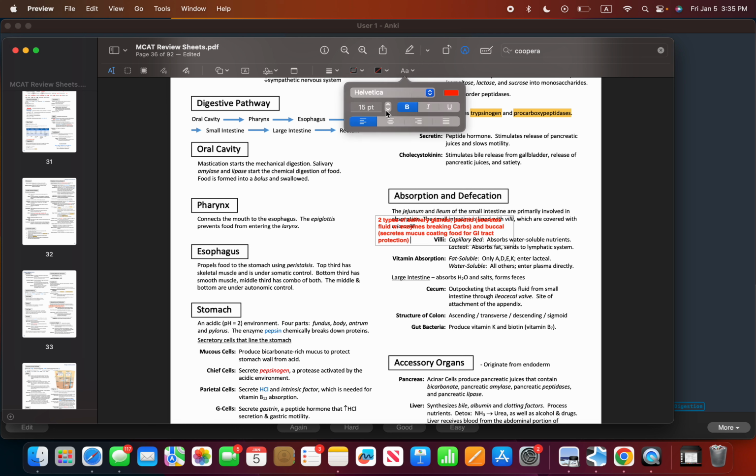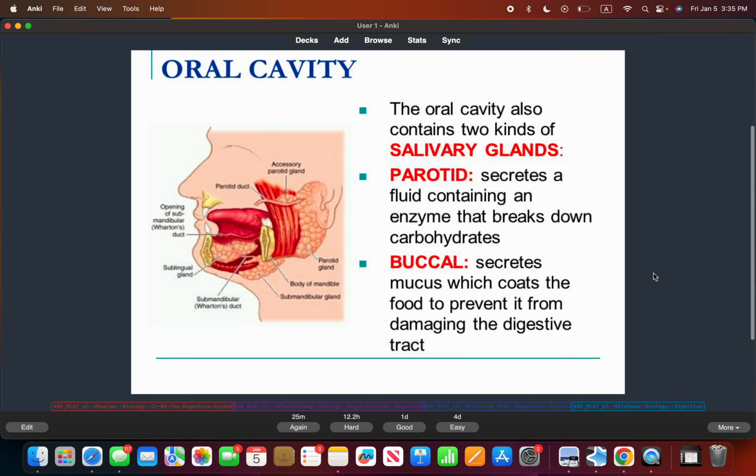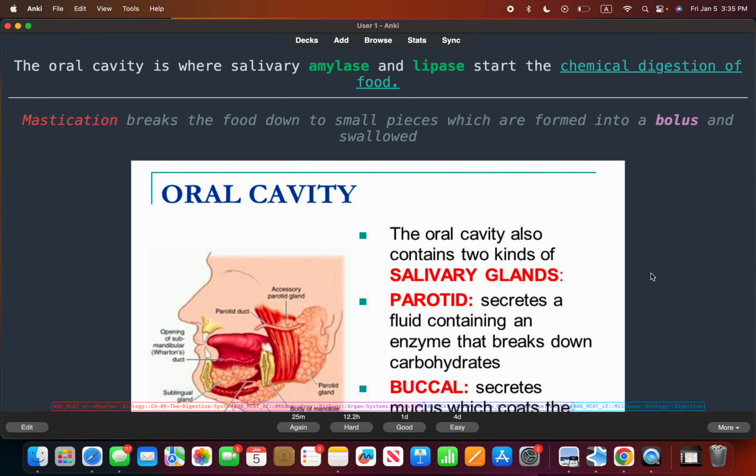We can make this smaller even. Did we answer it? Yes.